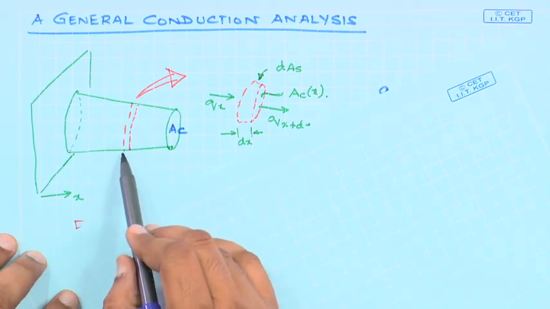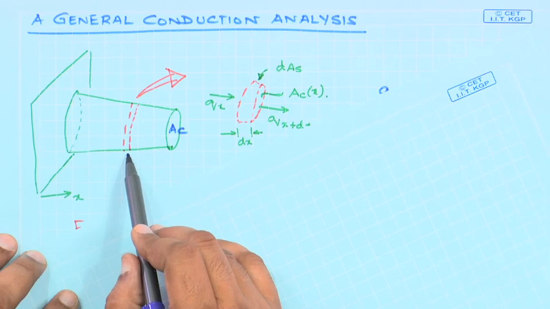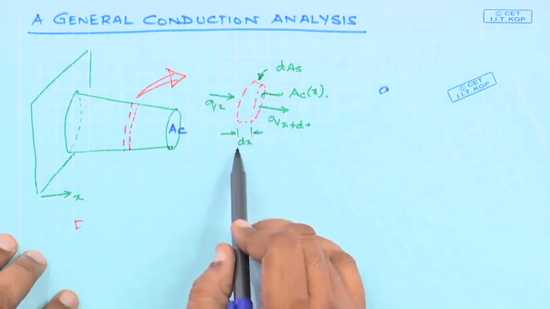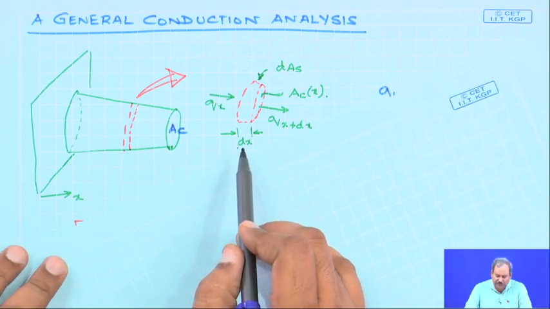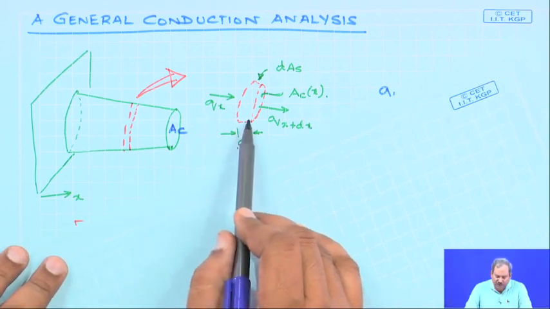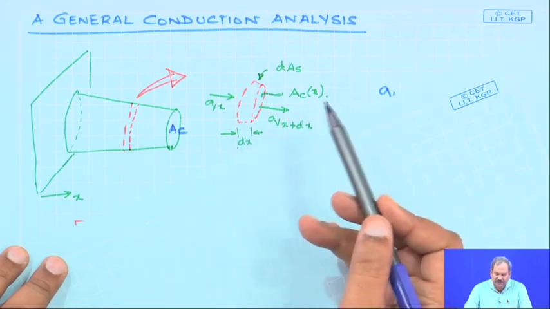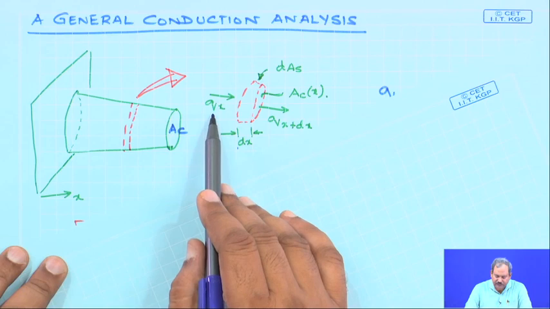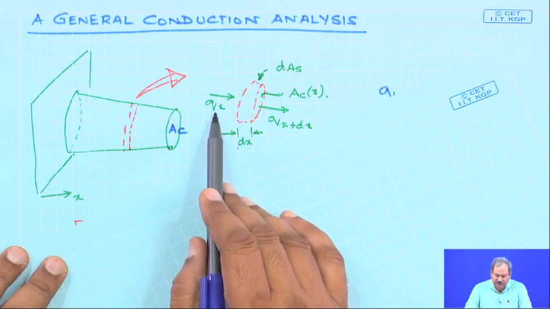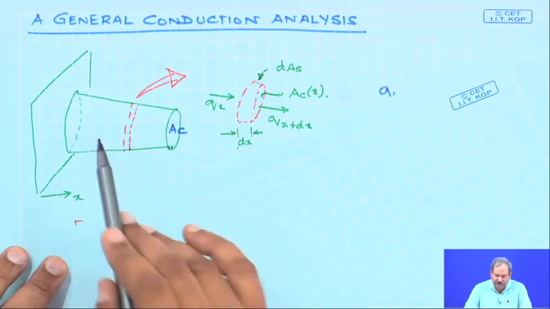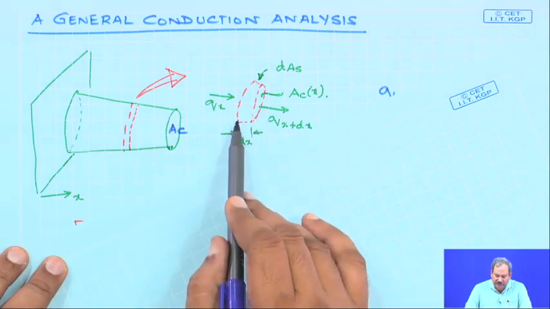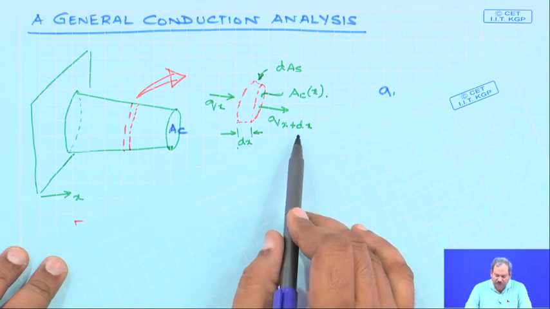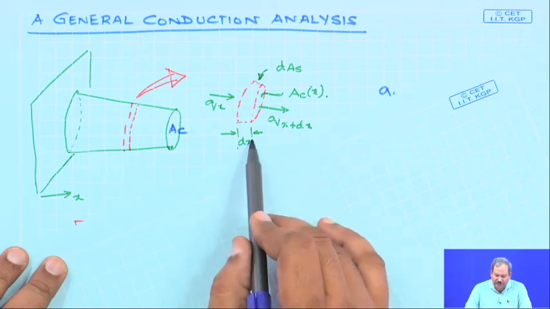So, what I have done is I have taken a small section of length dx and enlarged it over here, identifying the terms by which heat can come into the control volume and leave the control volume. So, what you see in here is that Qx is the heat which is coming in at some x, and Qx plus dx is the conductive heat which is leaving at x plus dx.